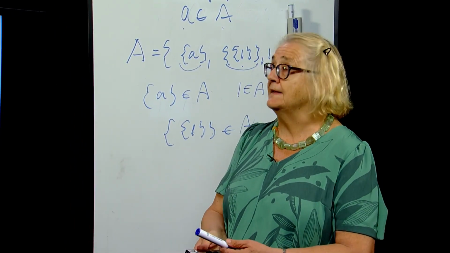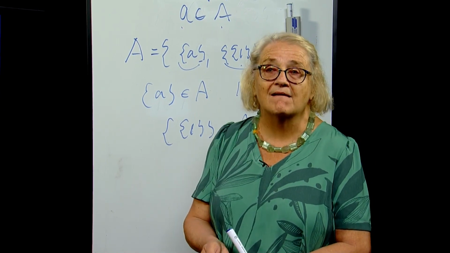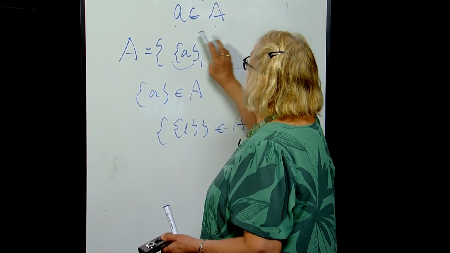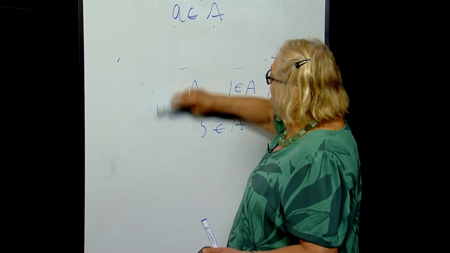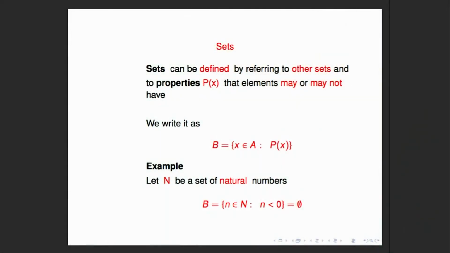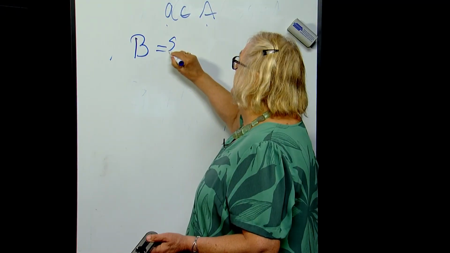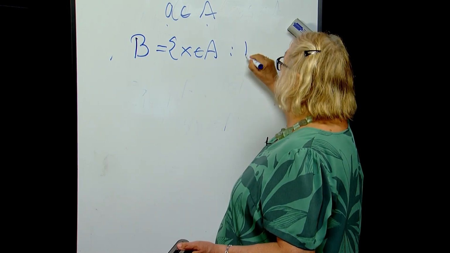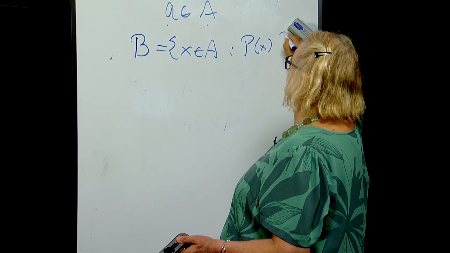So this is another example. Also, we define the sets in different ways. That was a definition of a set by listing the elements, but we can often define the set by the set of all elements of a given set which fulfill a certain property.